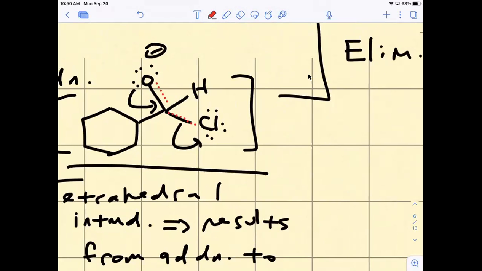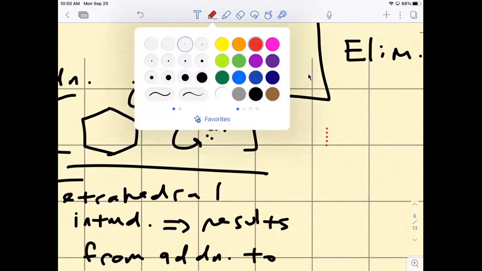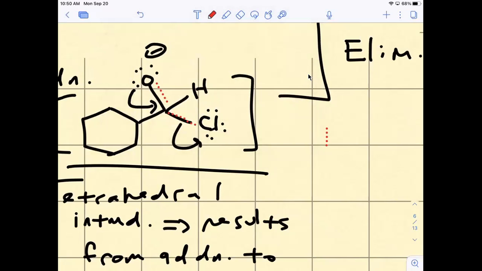So when I reform the pi bond, if I don't break a bond, that carbon is going to have 5 bonds to it. And that's not going to happen. That's not possible. So that carbon would look like this. Not to say I haven't seen something like that on an exam, but it's not possible.